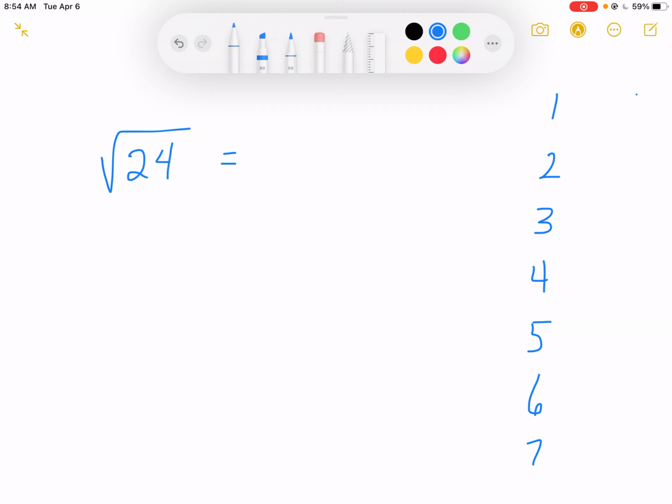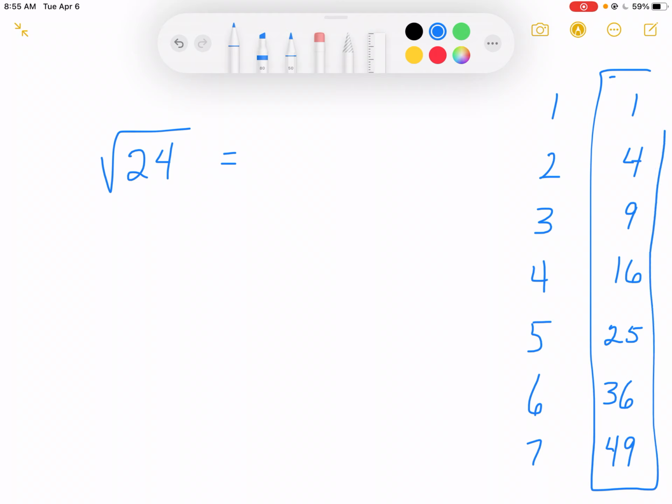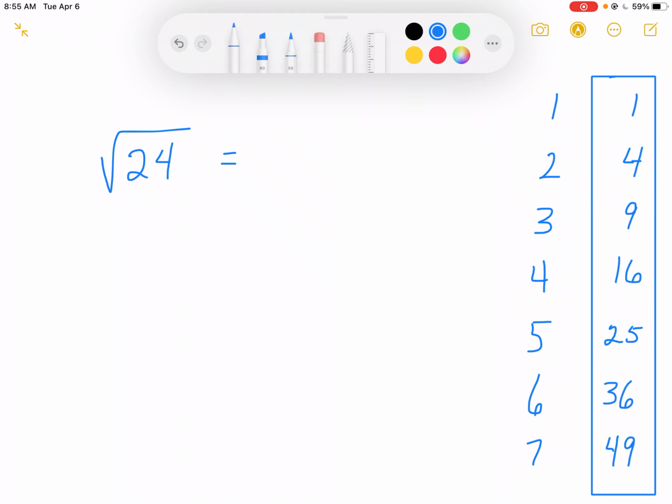When you square, 1 times 1 is 1. 2 times 2 is 4. 3 times 3 is 9. 4 times 4 is 16. 5 times 5 is 25. 6 times 6 is 36. 7 times 7 is 49. Okay, that's just an example, but this is my list of perfect squares right here. Some of those, and it goes on and on and on.